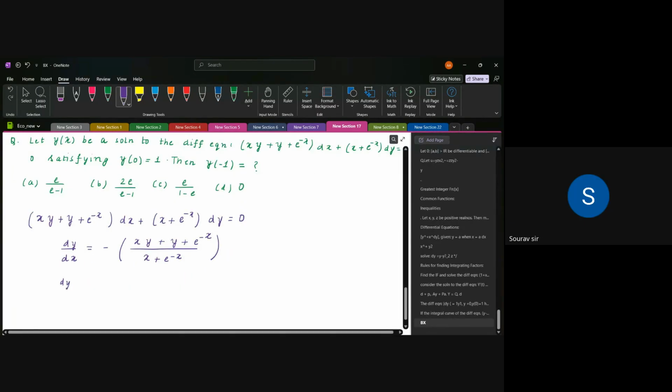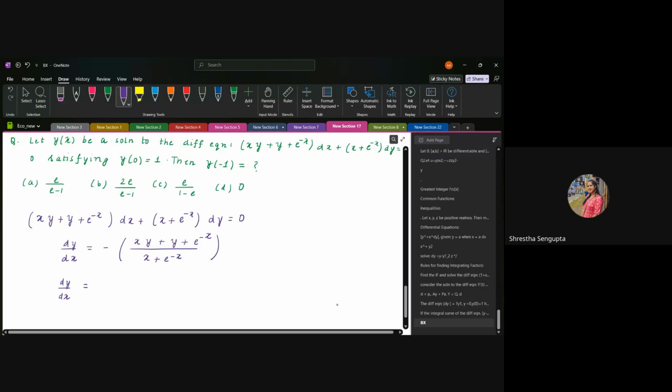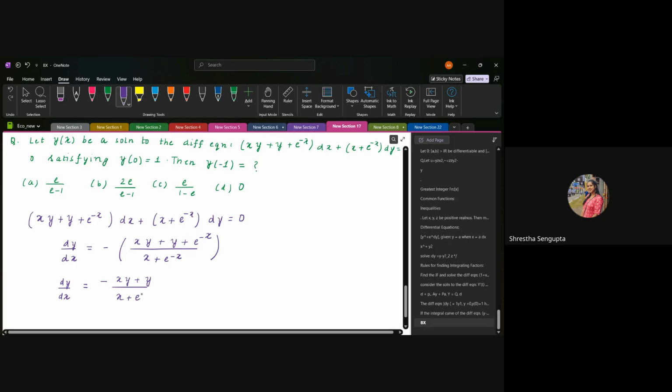Sir, if I just remove the brackets, we can write it as minus (xy + y) by the denominator, minus e to the power minus x by the denominator.